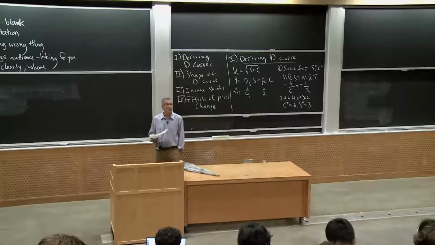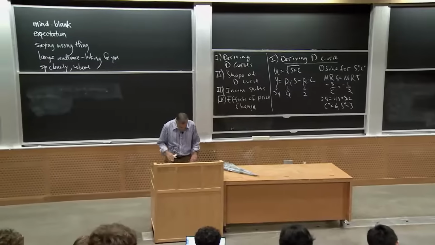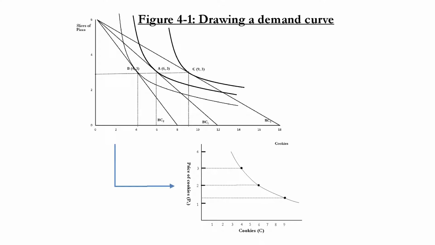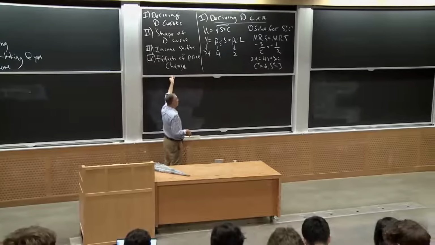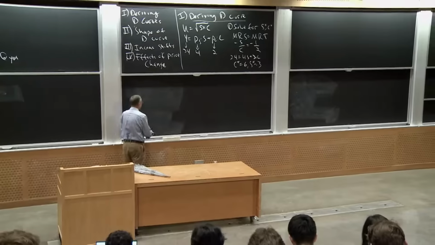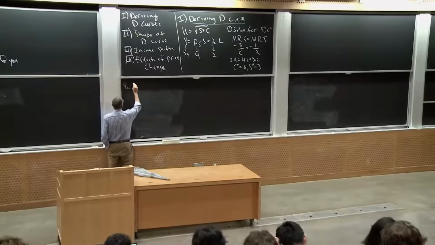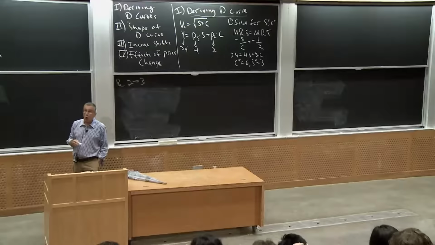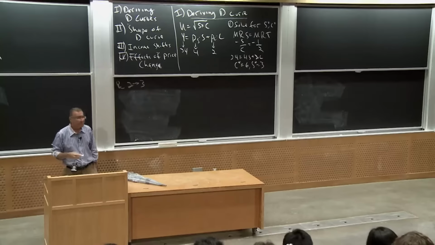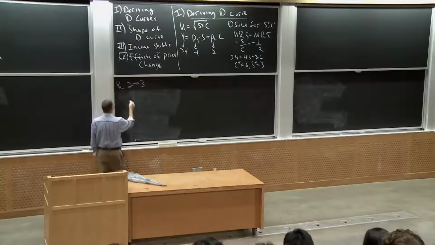Questions about that? Okay, so now let's ask, what happens if the price of cookies changes? What happens if the price of cookies rises to 3? So let's say that the price of cookies goes from 2 to 3. Well, the new slope of the budget constraint is now, instead of minus 1/2, minus 1/3.